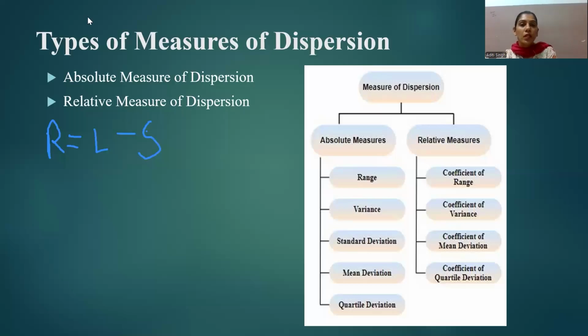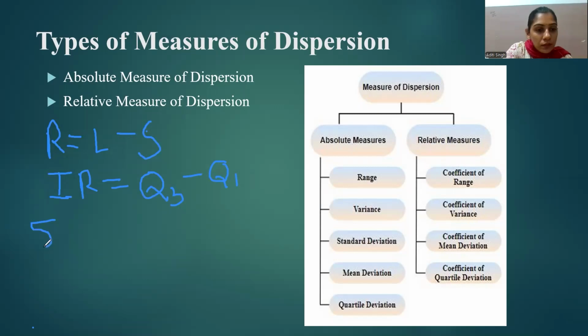If we talk about the formula of quartile deviation, it has two categories, interquartile range and semi-quartile range. What is the interquartile range? The difference between two quartiles, Q3 minus Q1. The semi-interquartile range is equal to Q3 minus Q1 divided by 2.